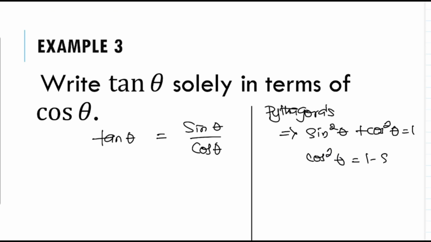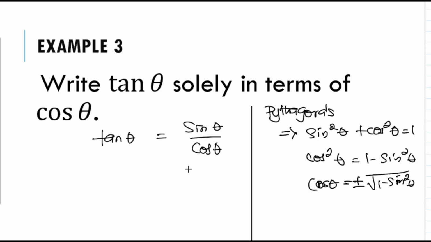Taking the square root, sine theta is plus or minus the square root of 1 minus cos square theta.